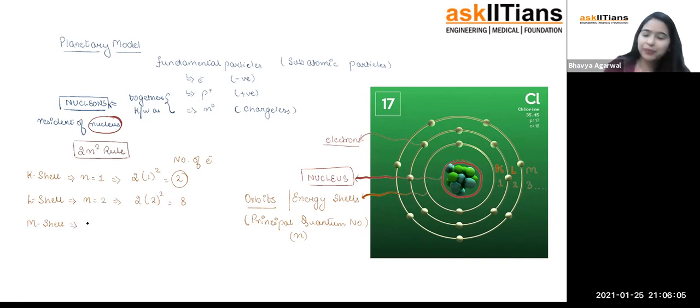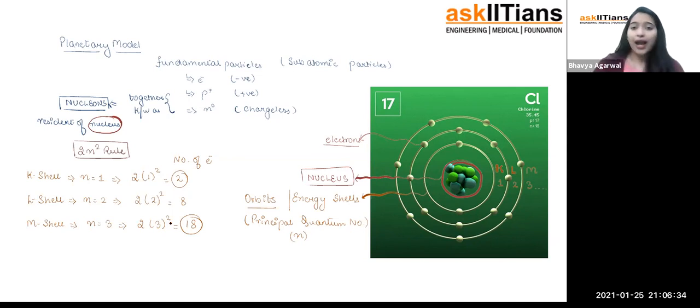Quickly do it and tell me. You're right. When I put the n value as 3, it will be 3 square, which is 9, multiplied by 2 is 18. So I can put 18 electrons in the third shell. And I can do the same for the other shells also. The rest is maths. Easy.